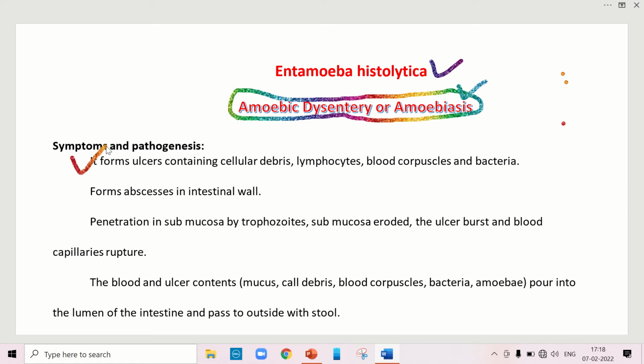So Entamoeba histolytica, when it enters the human body, can enter the intestinal wall and form ulcers, and the ulcers contain cellular debris, lymphocytes, blood corpuscles and bacteria. And this causes formation of abscess in the intestinal wall.